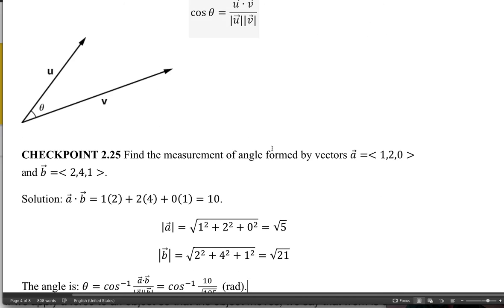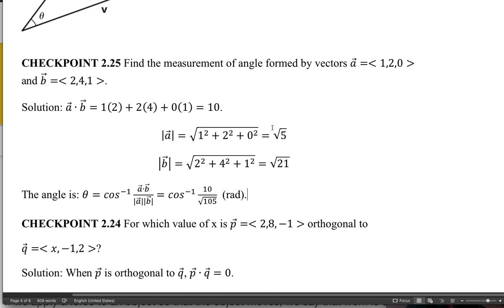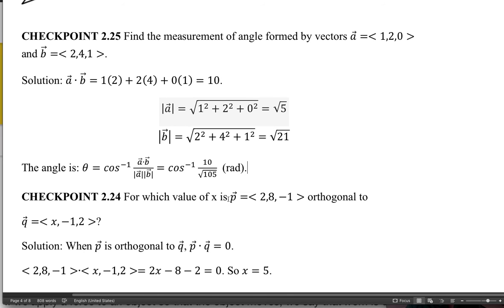So let's take a look at how we can decide this problem. For which value of x is the vector p, which is 2, 8, and negative 1, orthogonal to vector q? Q has an x there: x, negative 1, and 2. The solution, I suppose, is very simple, because we know when p is orthogonal to q, then p dot q must be 0.